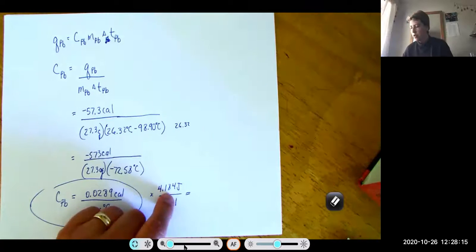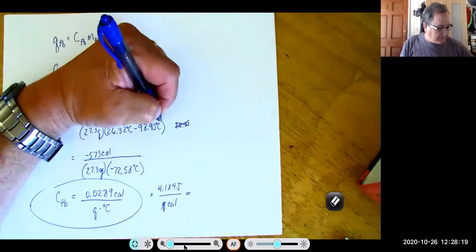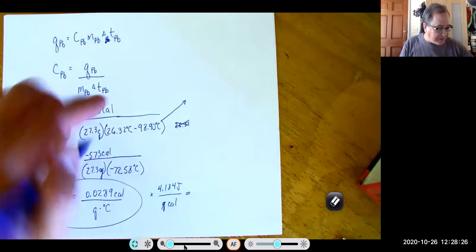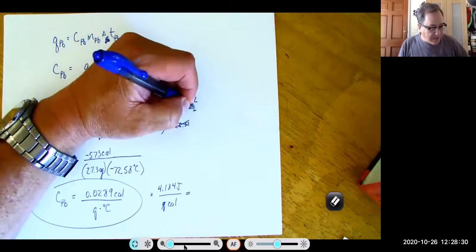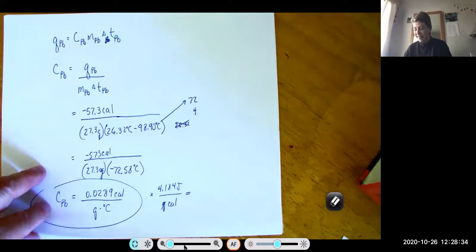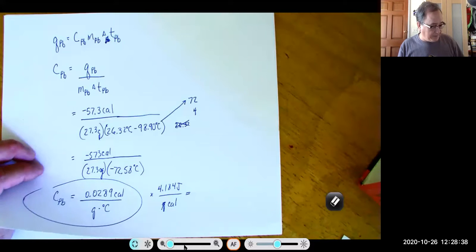I was doing 22.50 minus 98.90 as opposed to 26.32 minus 98.90. Right. And so here, this difference is about 72. The difference from the other one is about 4. So you divided by 4 instead of 72, which is why your number was so large, because you didn't divide by big enough of a number.